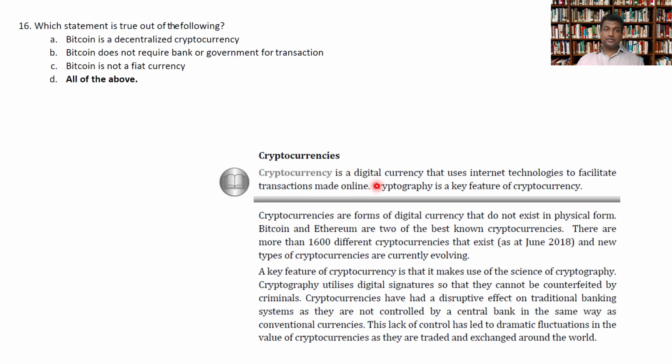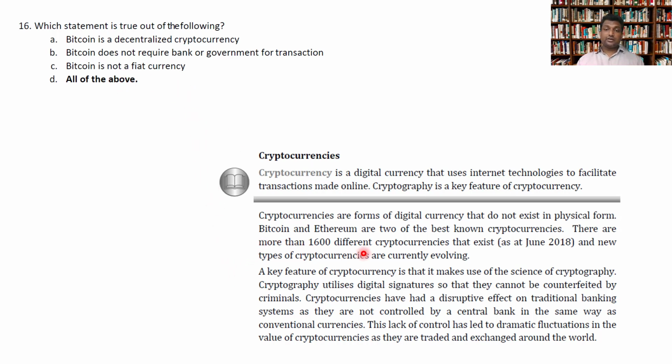Cryptocurrency is a digital currency that uses internet technologies to facilitate transactions made online. And cryptography is a key feature in this cryptocurrency. Right. Cryptocurrencies are forms of digital currency that do not exist in physical form. So that's why we are saying it's not a fiat currency.